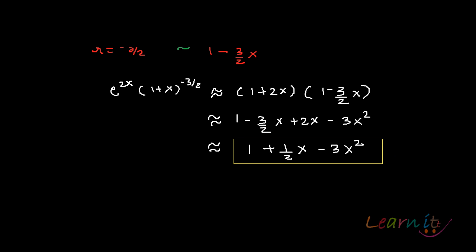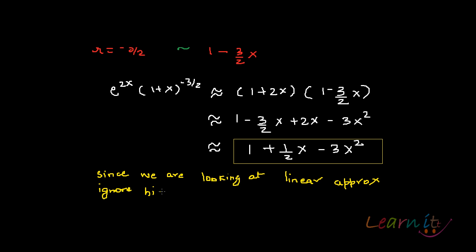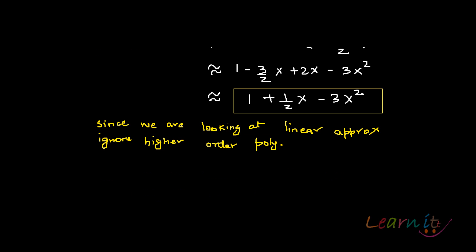So since we are looking at linear approximation, we ignore higher order polynomials, and hence my linear approximation of the function will actually be just 1 + 1/2 x.